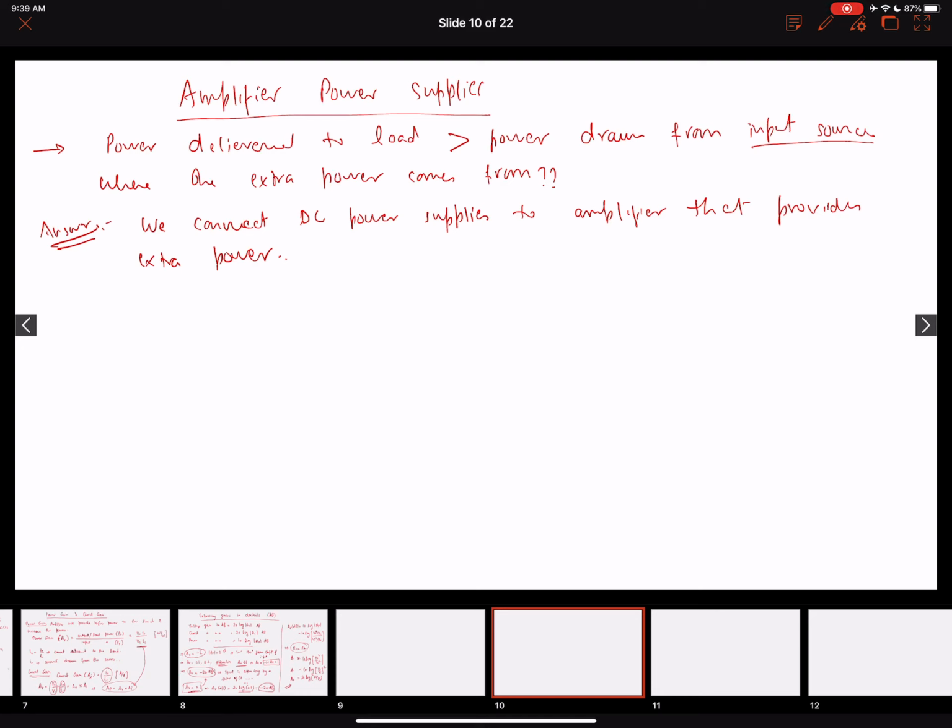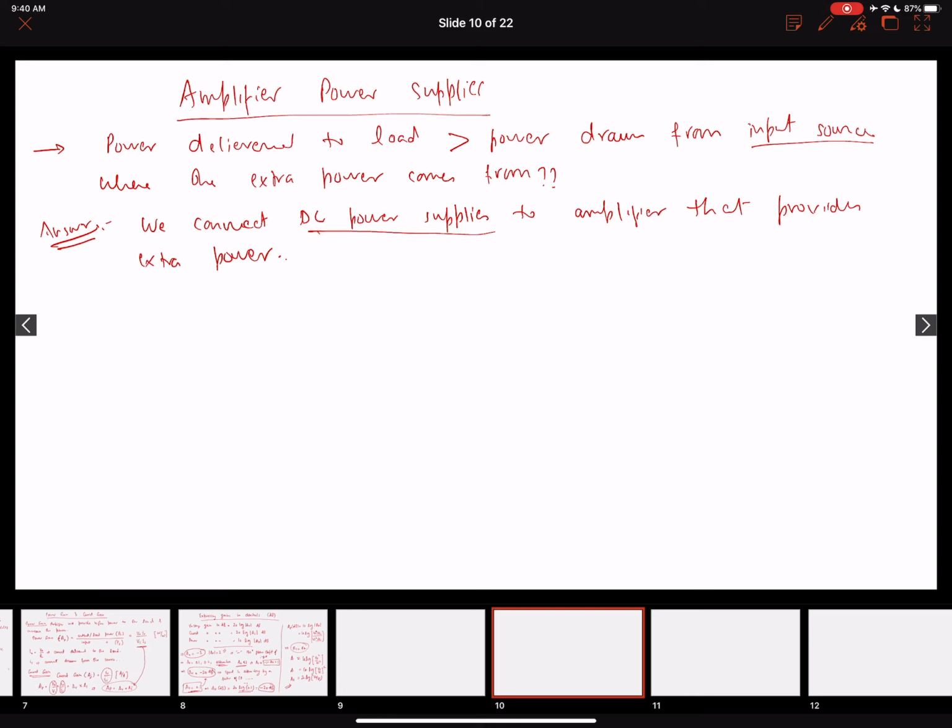We are going to talk about how to convert AC to DC when we cover diodes, and we will review in detail how to build our own power supplies as well. Coming back to amplifiers, amplifiers amplify the signal, and they need more power. That power comes from connecting DC power supplies to the amplifier.